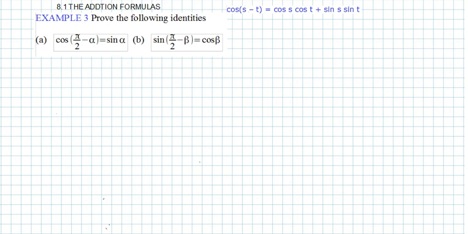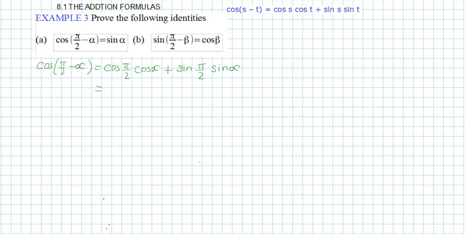So now I have cosine of pi over 2 minus alpha is equal to cosine of pi over 2 cosine of alpha plus sine of pi over 2 sine of alpha.